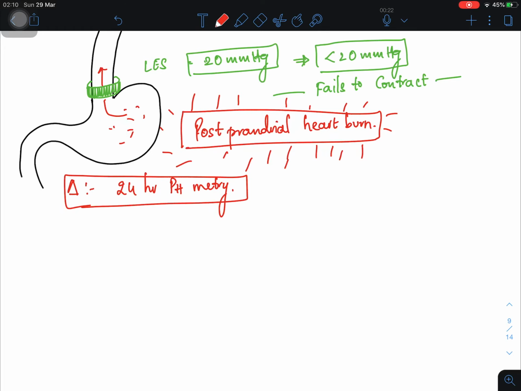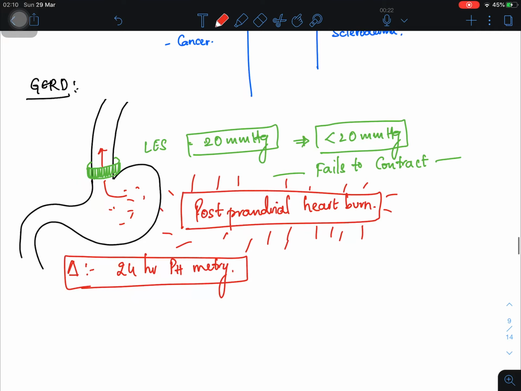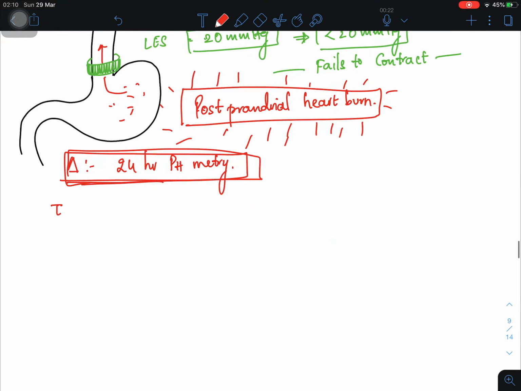So in case of GERD, the diagnosis is 24-hour pH metry, and if I have to treat the patient, what will I do? There is a problem with the sphincter, right? So what I do here is sphincterotomy. Sphincterotomy is the first important thing which I decide to do, right?